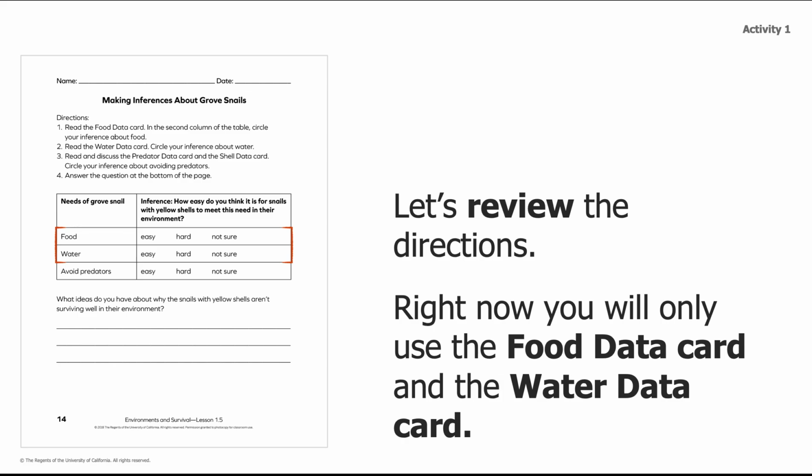For right now, though, we're going to review the directions and focus on the food data and the water data card. You're going to read these cards, look at the table, and create an inference. How easy do you think it is for snails with yellow shells to meet this need in their environment?